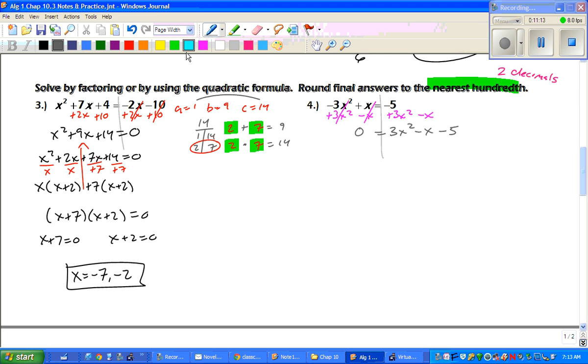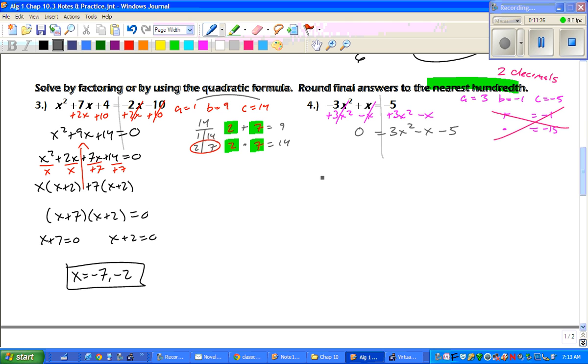So off to the side now, you need to think. A is 3, B is negative 1, C is negative 5. Do you know any numbers that add up to negative 1 and multiply to negative 15? I sure don't. Okay, so that's when we have to do the quadratic formula.